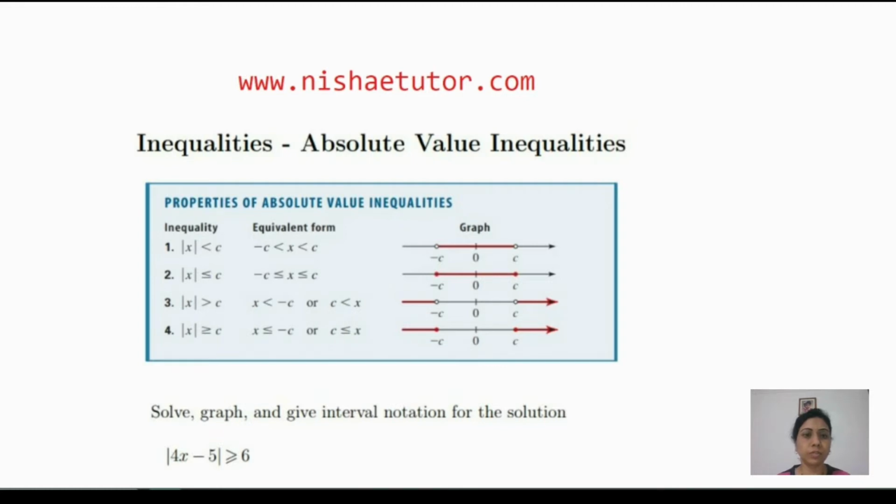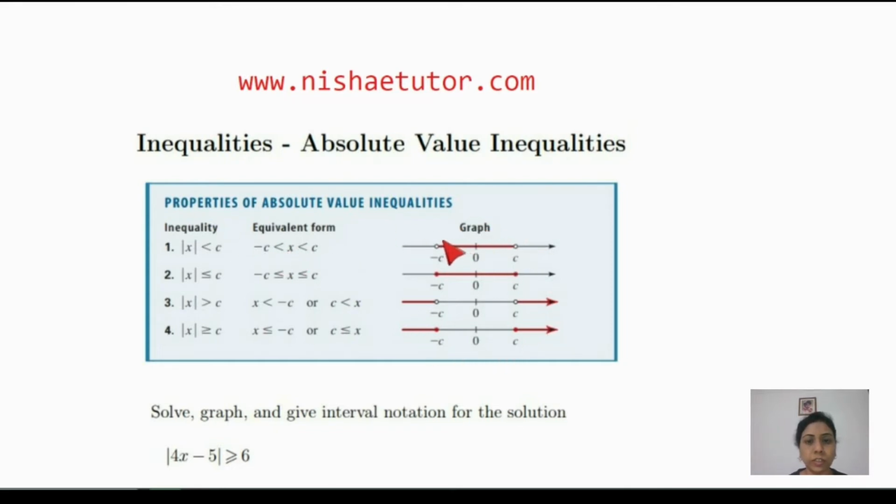In this video, I am going to tell about absolute value inequalities, how to solve absolute value inequalities, and here are the properties of absolute value inequalities. If given an absolute value inequality in this form, and c is a positive number, then we can write this inequality in an equivalent form and graph it like this.